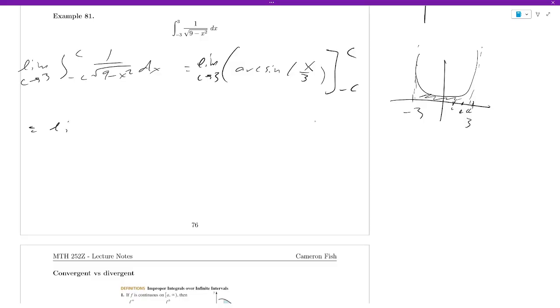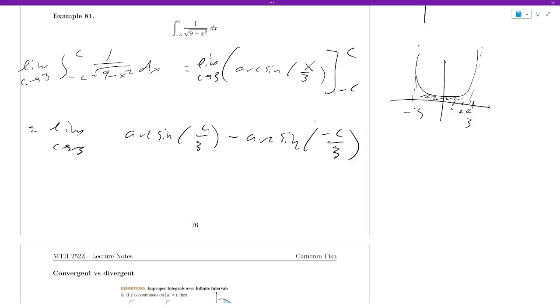So let's just see, arc sine of c over 3 minus arc sine of negative c over 3. So we're going to think about this a little bit.